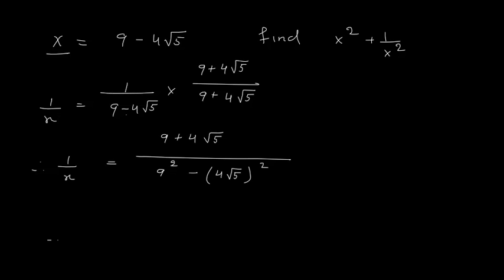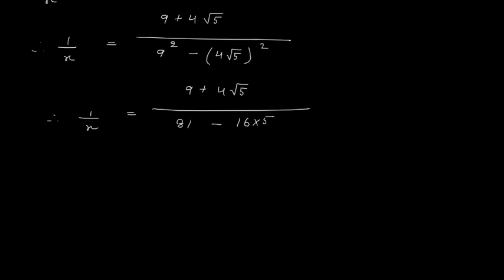So therefore 1 upon x will be 9 plus 4 root 5 whole divided by 9 is 81 minus 4 4 is 16 into 5, 16 5 is 80. So 81 minus 80 is 1. So 1 upon x is 9 plus 4 root 5 divided by 1. So it is 9 plus 4 root 5.